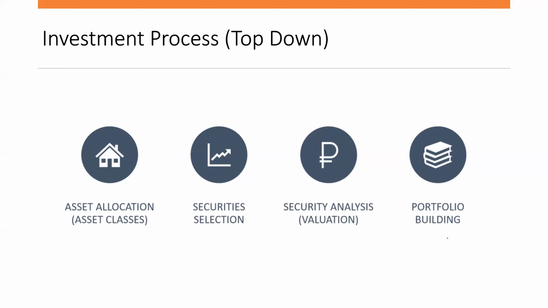Now, it can be called bottom-up, in which you actually go straight to the third step, right? Where you don't really look at the asset allocation, you go by the ear. You pick that particular property or asset, that particular company that you're interested in, and you go straight to that company. A lot of people I see, millennials especially, go straight towards security selection, right?